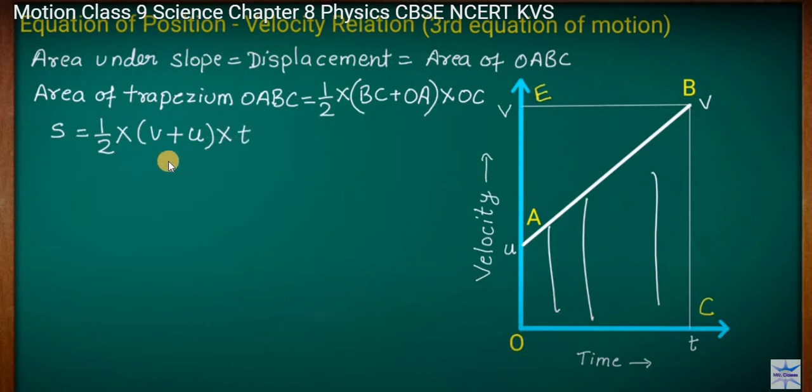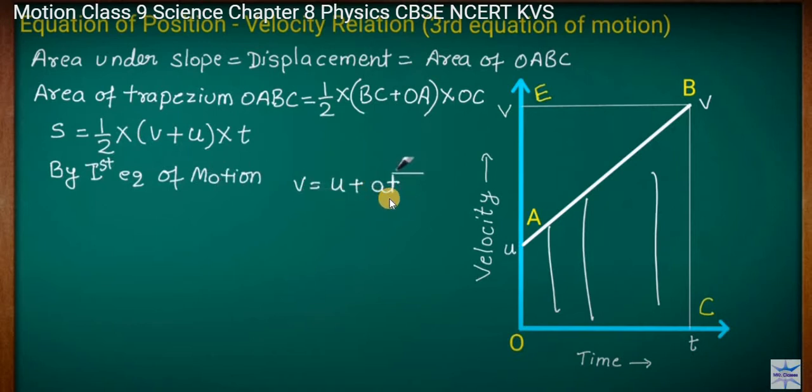Before proving this equation we first go to the first equation, that V is equal to U plus AT. From this equation we find the t value, and whatever t value we get, we keep over here. So U comes to the other side, minus U, and a is divided.